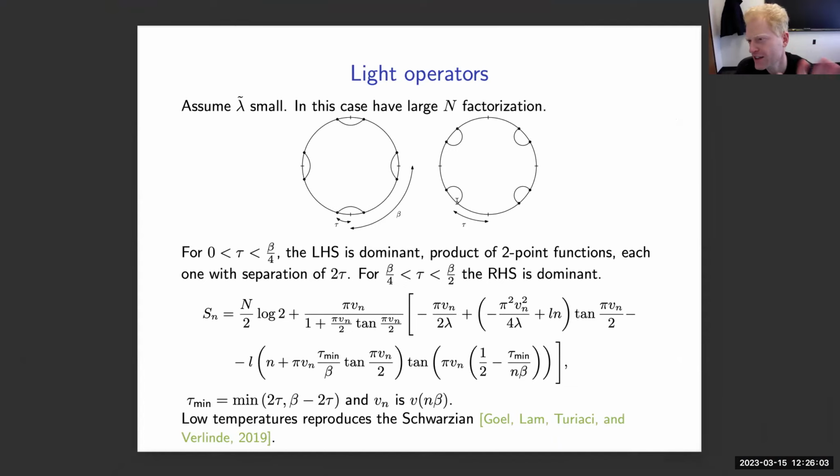It's not very similar, it's exactly this, actually. Even though it looks like it's one big disk, the fact that it factorizes into products of two-point functions, it's as if this one is connected only to this, and this one is connected only to this, and so on.